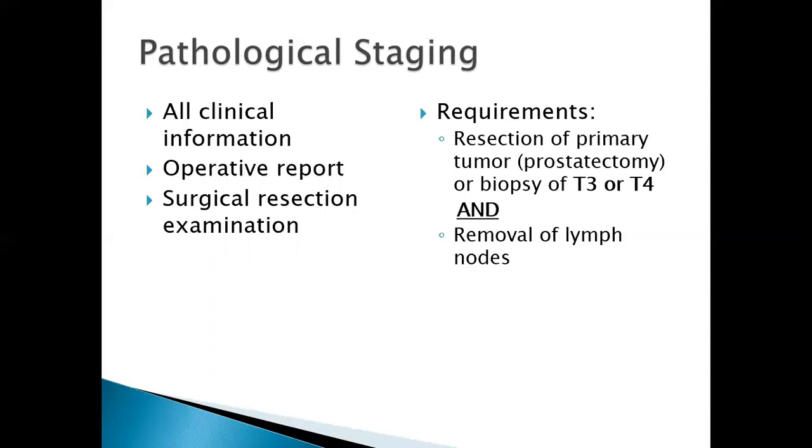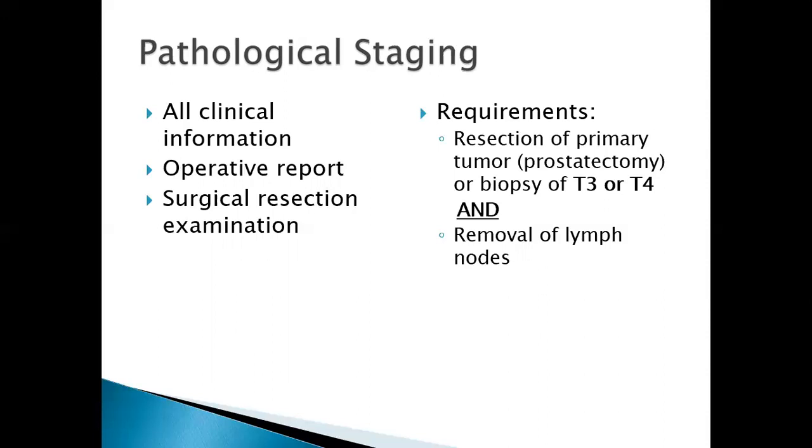An example of a biopsy proving a T4 lesion would be when the prostate tumor is growing into the rectum and there's a rectal biopsy that proved to be prostatic adenocarcinoma. Okay, and I believe that the T3 would be a positive seminal vesicle biopsy. The tumor was invading into the seminal vesicles. Okay, so just remember that those are the requirements to assign pathological staging.